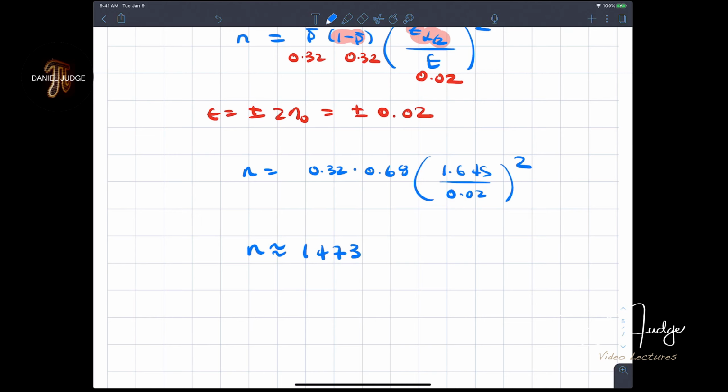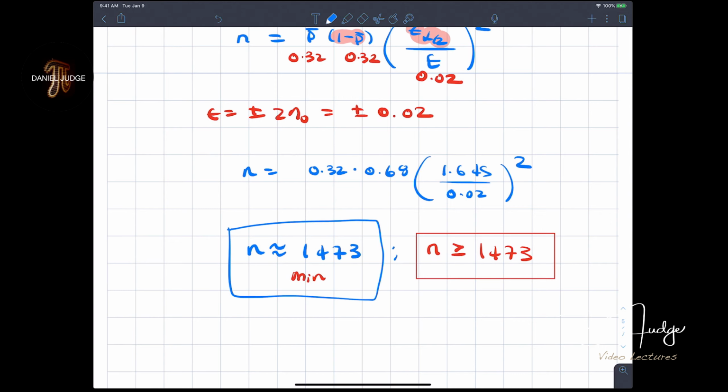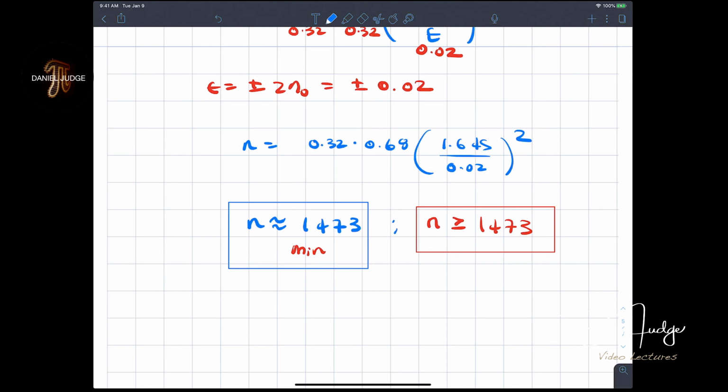In the back of the book, the minimum will be at least 1,473. So you're going to see answers that look either way, because this again is a minimum size needed, and this is how you estimate sample size. So for this sample, you're now going to have to go out and select 1,473 data values. Now you can go up to 1,500, or you could go up to 10,000.